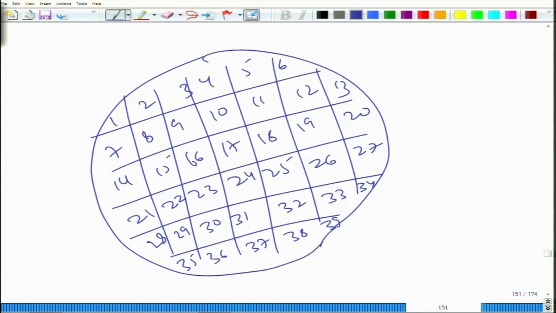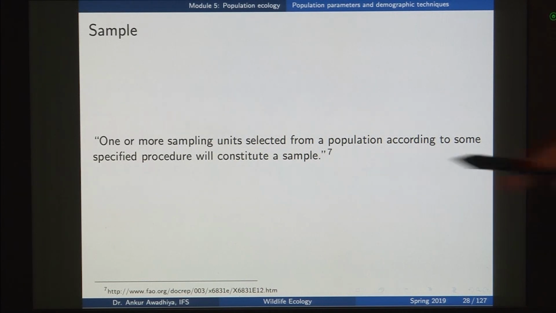So, we have these 39 subunits, and if we say that we are selecting this unit 9 and 19 and 29 and 39. So, we are just taking these 4 out of these 39. So, these 4 will form a sample. So, these are one or more sampling units that are selected from our population according to some specified procedure, and here our procedure was that any subunit that ends with a 9 is part of our sample.